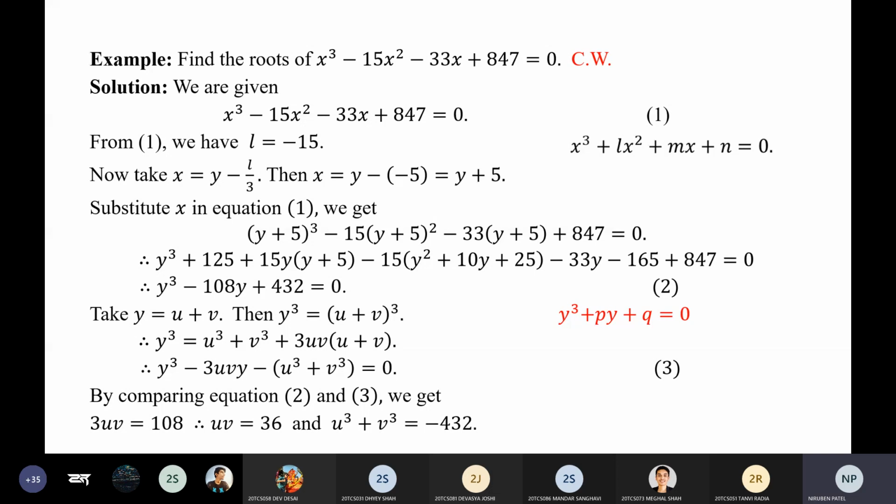Yes, ma'am. So from this we have the product alpha into beta and the sum alpha plus beta. That means we can represent any quadratic equation from the sum alpha plus beta and the product alpha into beta. Am I right? Yes, ma'am.